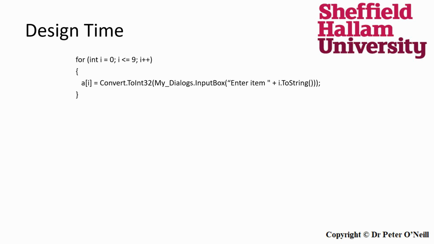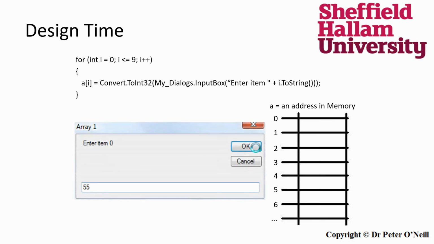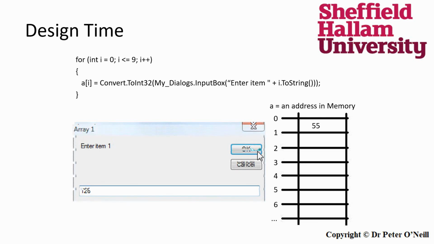So let's represent that so we can see it. a is an address in memory, and in the first instance we enter 55, enter item 0, and there 55 goes in the offset of 0 in a. Then we enter 126, and that goes in the offset of 1.